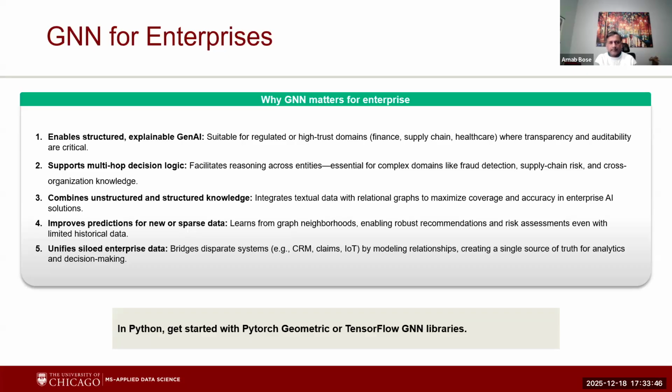They also facilitate reasoning across entities. We talked about it enough, right? Across different products, different geographies. It's easy to combine structured and unstructured data, textual knowledge, with, say, tabular data that's put in a graph. With the neural network, you're able to now do predictions.